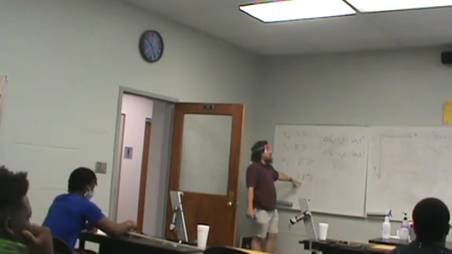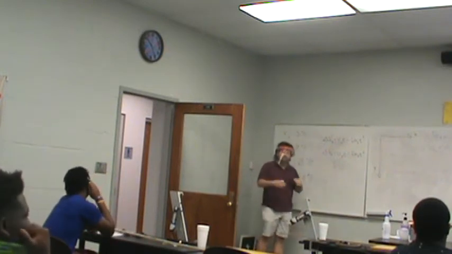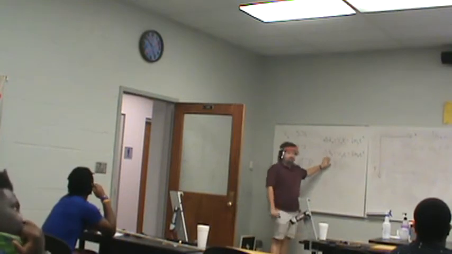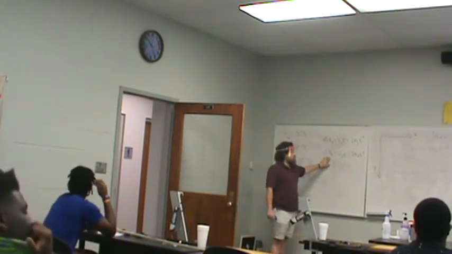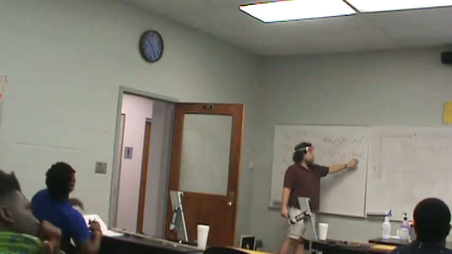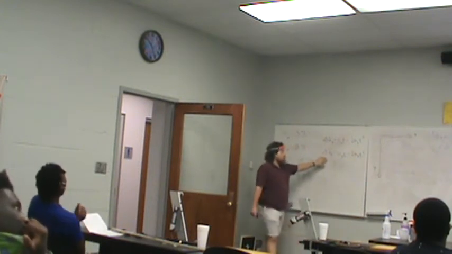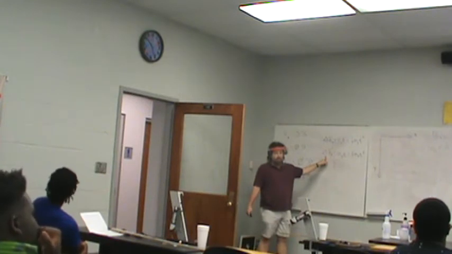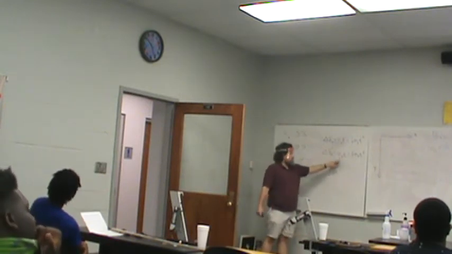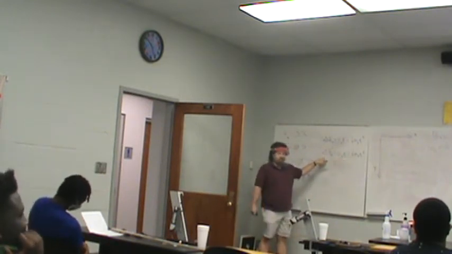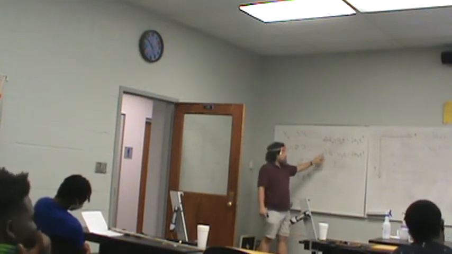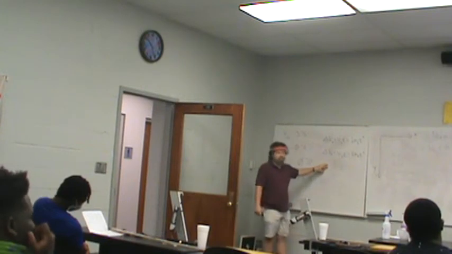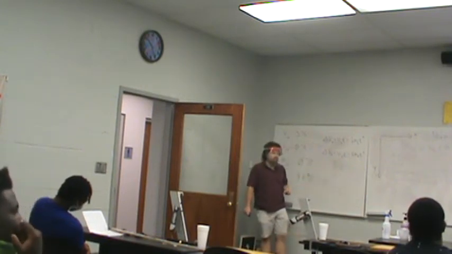So if we were looking at the motion as an object falls over time, because you are accelerating, you want to use equation 3. Equation 3 has an acceleration term in it. This will tell you, as a function of time, where the object is going to be, or vice versa, how long it takes to fall a certain distance. So, for the vertical axis, you have to use equation 3 in most of our projectile motion questions.